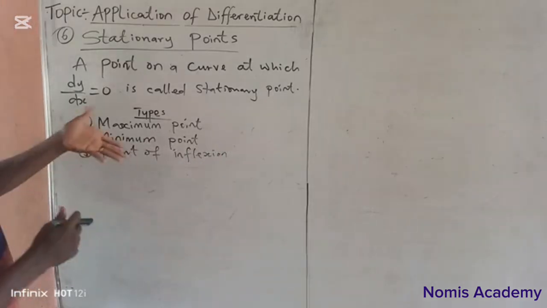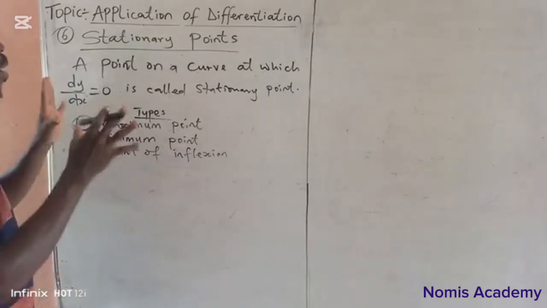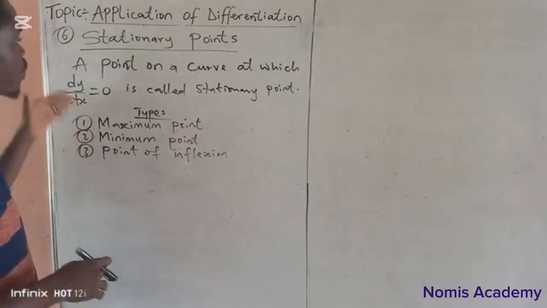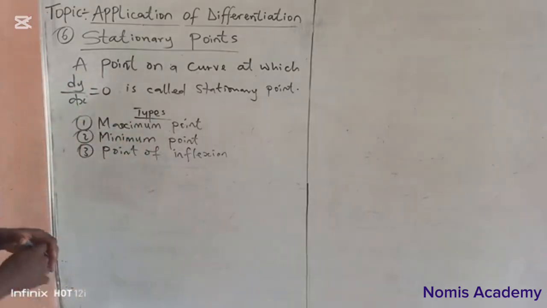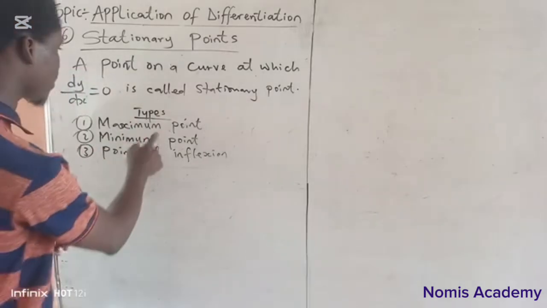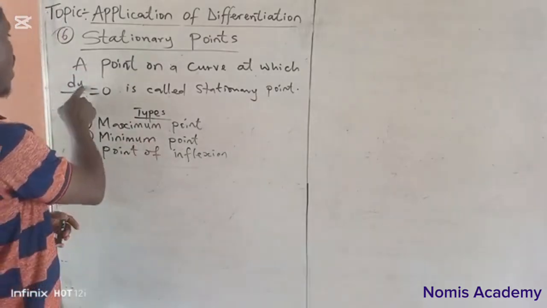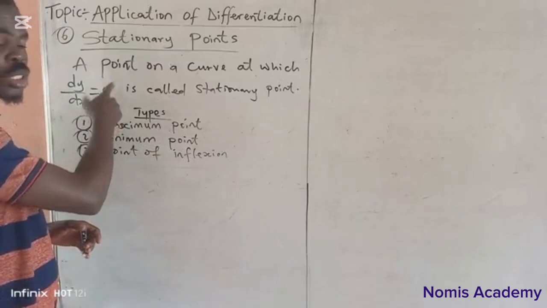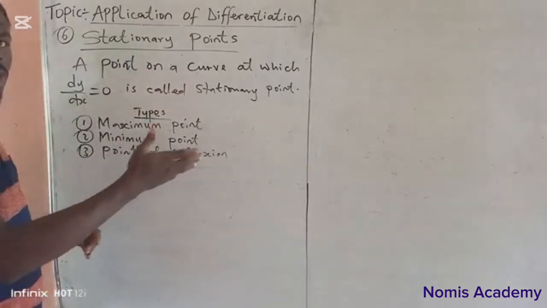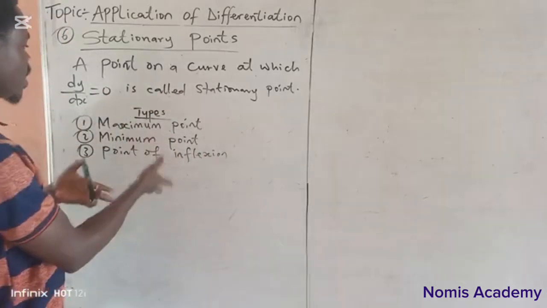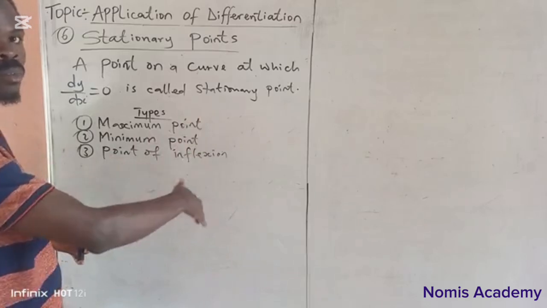These are the three major stationary points we have on a curve. Bear in mind that at these points, dy/dx is equal to 0. In the course of the discussion, I'm going to explain the nature of each type of point.